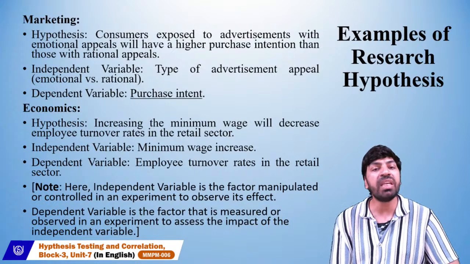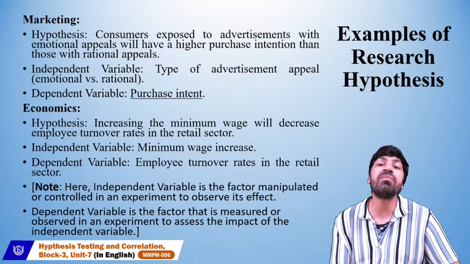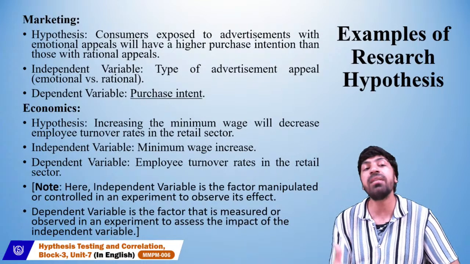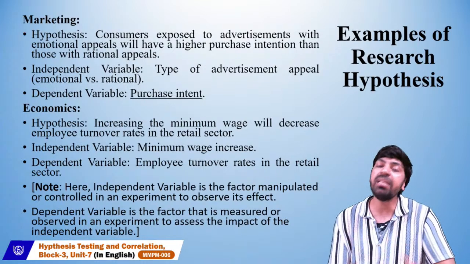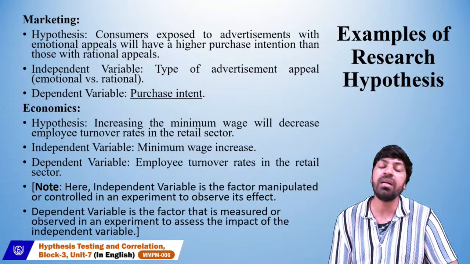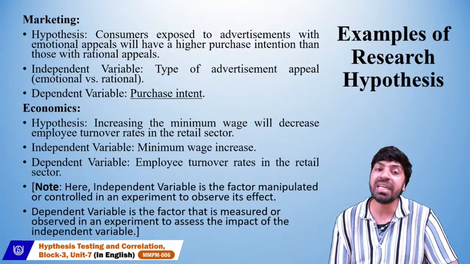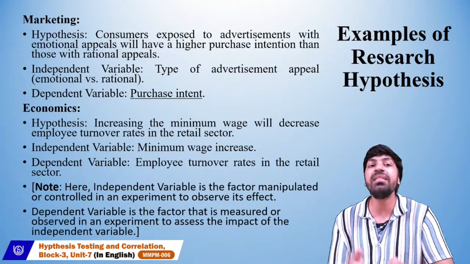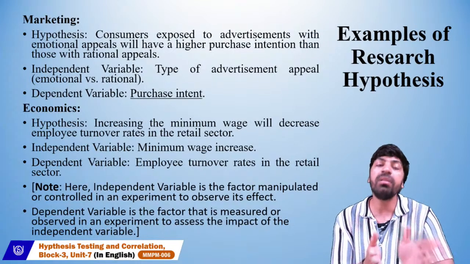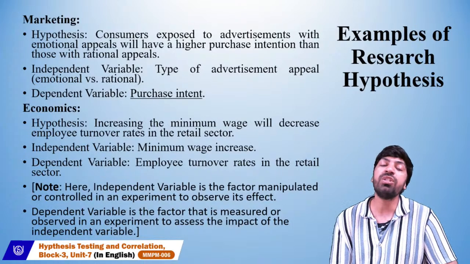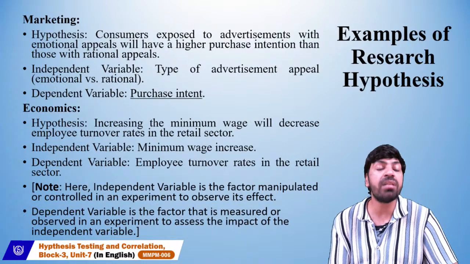So the independent variable is the type of advertisement appeal, because it stands alone, whatever type of advertisement appeal it could be. But the dependent variable is purchase intent, because purchase intent depends on the type of advertisements exposed to the consumers.